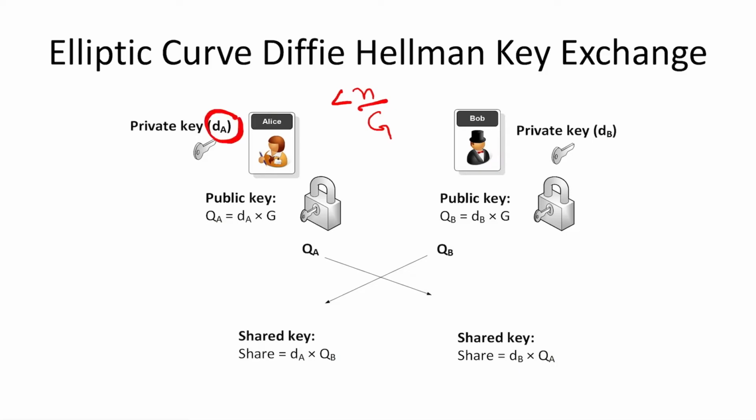So in this case, for Alice, we have private key dA, and for Bob, we have private key dB. Each side will then compute their public key as private key times the generator point.